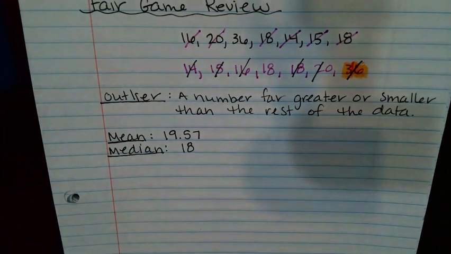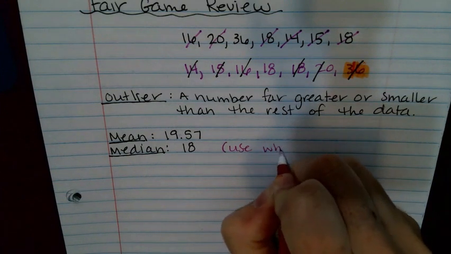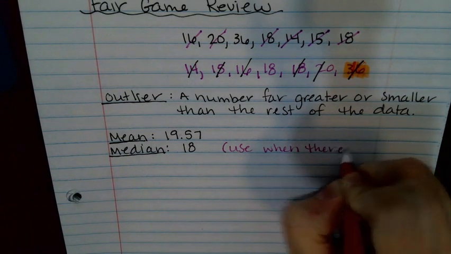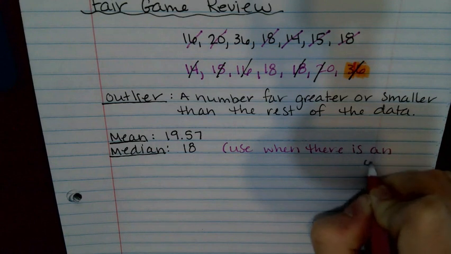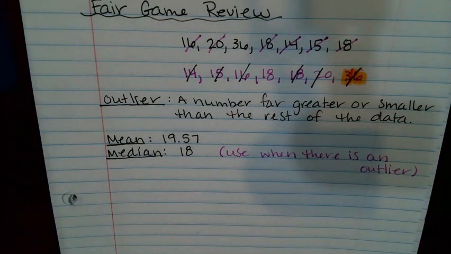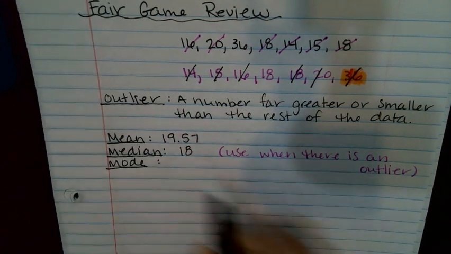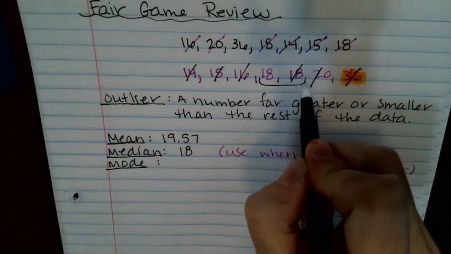So we're going to use the median when there is an outlier. You use the mean when the data is spread out pretty nicely. Now the mode in this data is going to be 18.